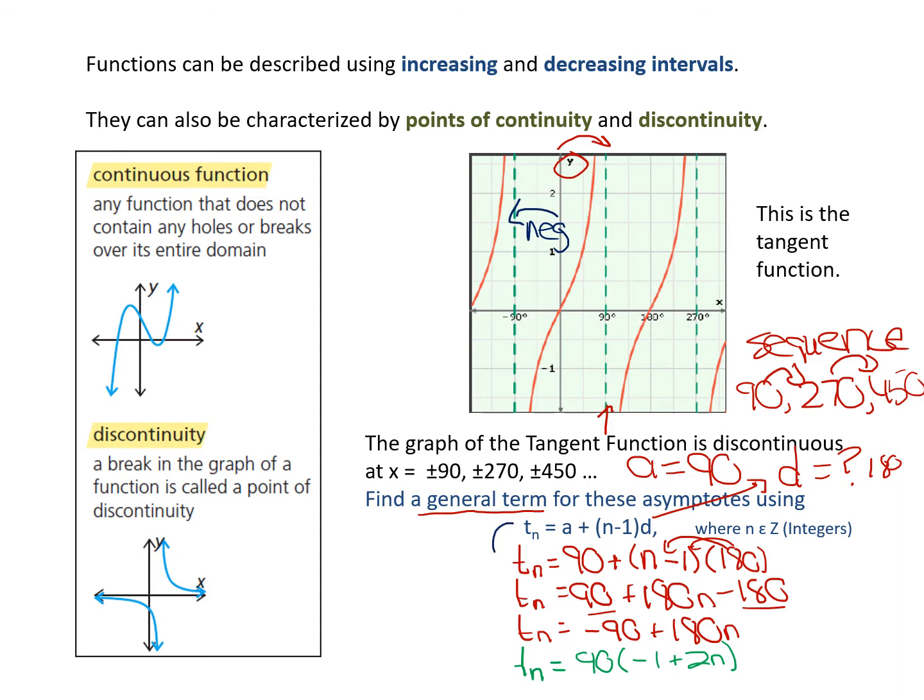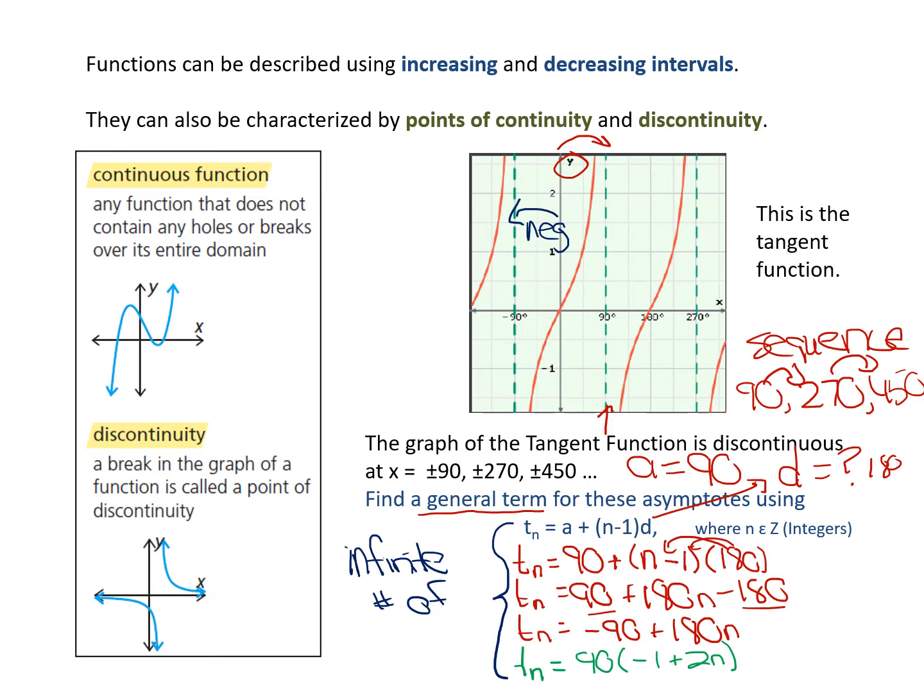We do this anytime, usually only occurs for us with sinusoidal functions, anytime you have to show an infinite number of something. In this case, it's asymptotes. It could be an infinite number of maxes and mins, an infinite number of turning points, critical points, intercepts.